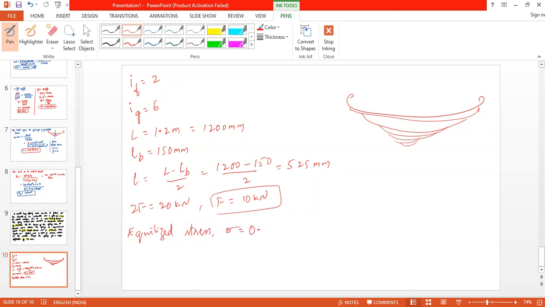That is sigma equal to 0.4 gigapascal, that is 0.4 into 10 power 3 Newton per mm square.